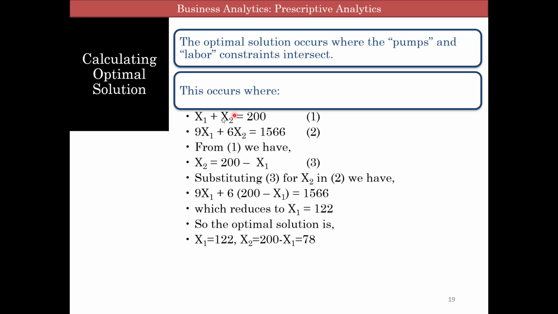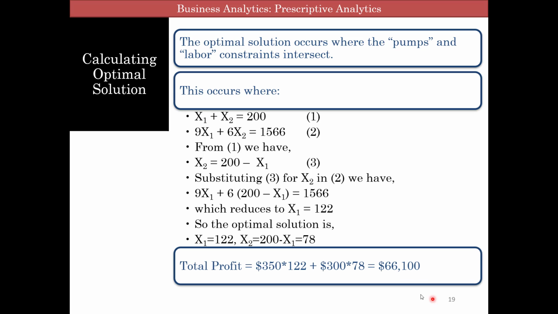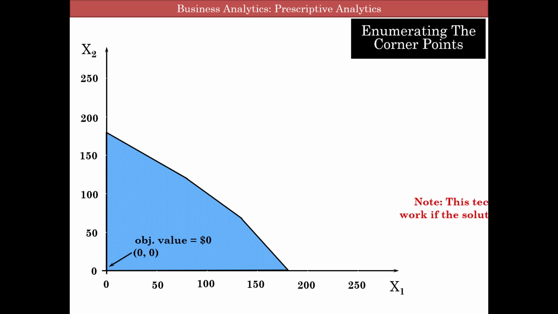And when you solve it, x2 is 200 minus x1. And now you plug 200 minus x1 in here for x2, right? And that reduces x1 to 122, and then x2 becomes 78. So at 122 aqua spas and 78 hydroluxes, you get a total profit of 66,100, and that's your maximum value.